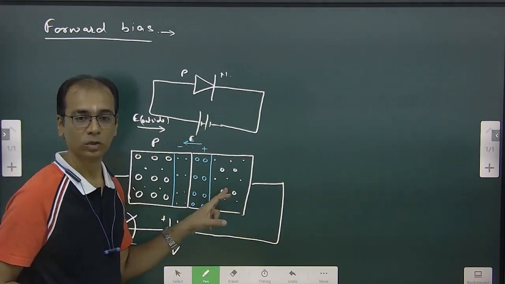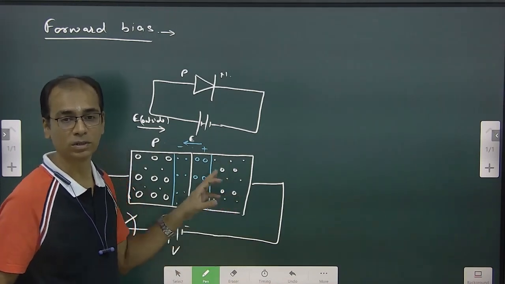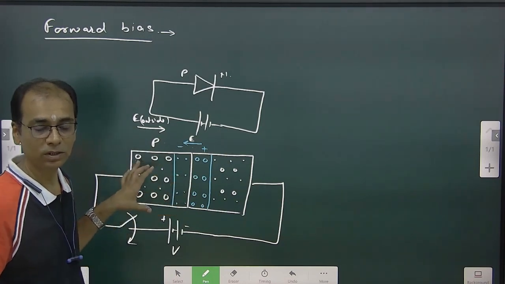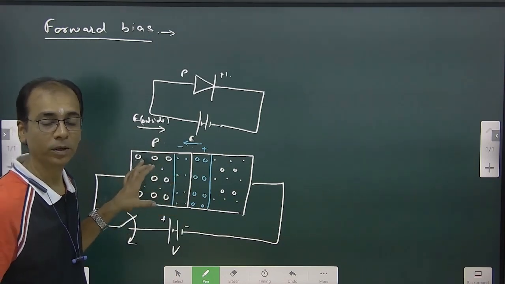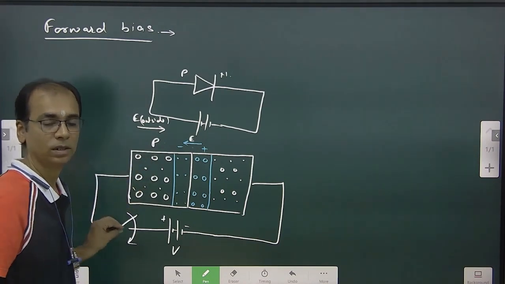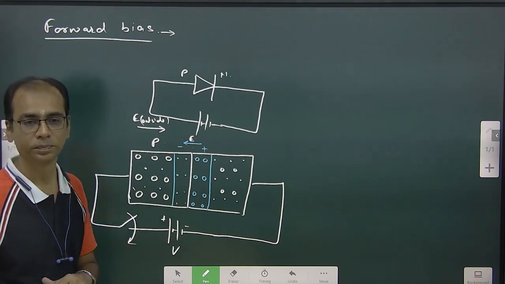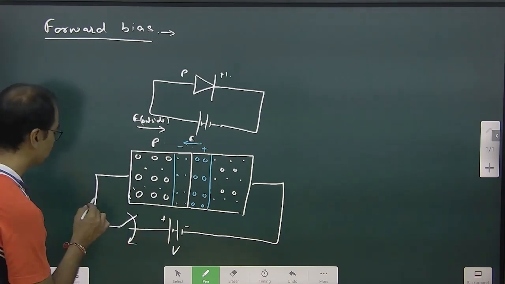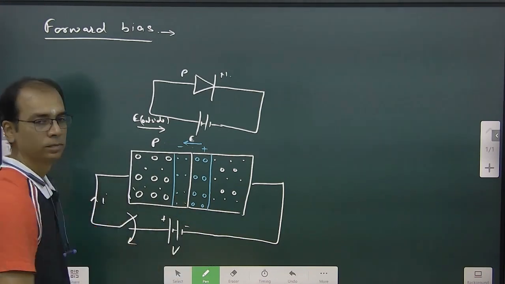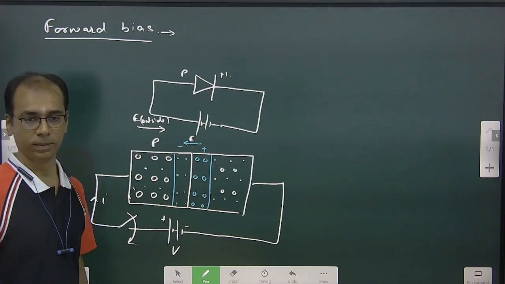Here again there are incoming electrons, and those electrons again will go this side and occupy the vacancy. The same number of electrons will come out because of the breaking of covalent bonds, and again those electrons move like this. Current will be in this direction because the motion of electron is like this. So this is how we are going to get the current.